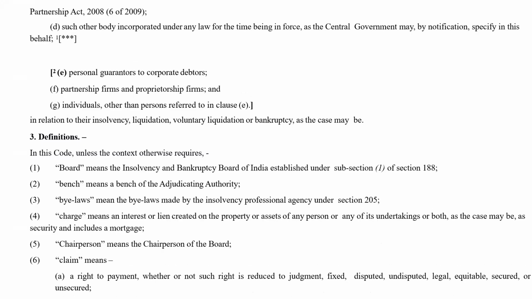Now, section 3. Section 3 contains definitions. Section 3 is there in part 1, but there are definitions in some other parts also. So the definitions which are given in other parts, they apply to that particular part, but the definitions which are given in section 3, they apply to the entire code. That is why they say in this code. Section 5 also contains some definitions, but it will say in this part.